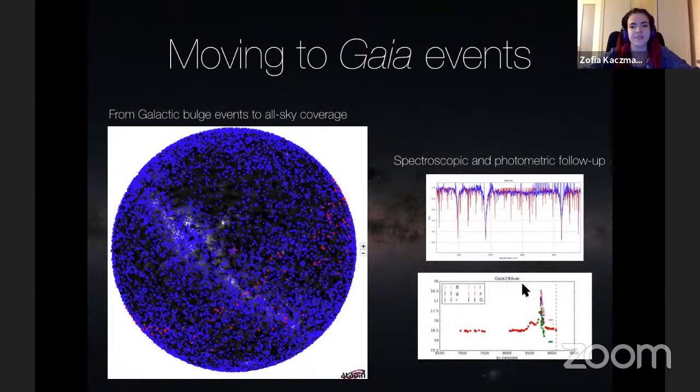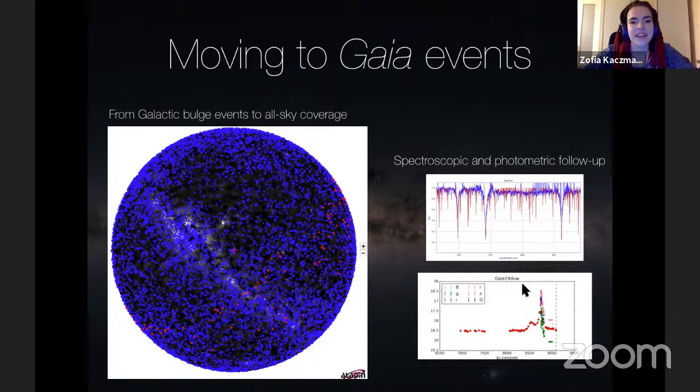So this is a huge advantage. And also, as we have this real-time information, we have also this great network and collaboration that shows on this conference. We can also have some spectroscopic and photometric follow-up from our collaborators.